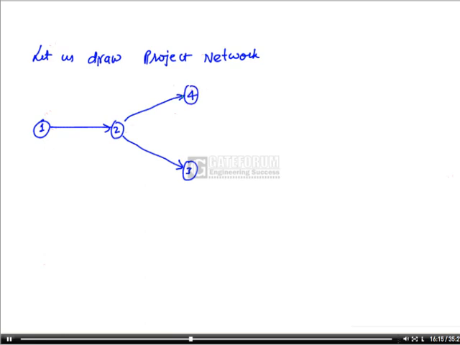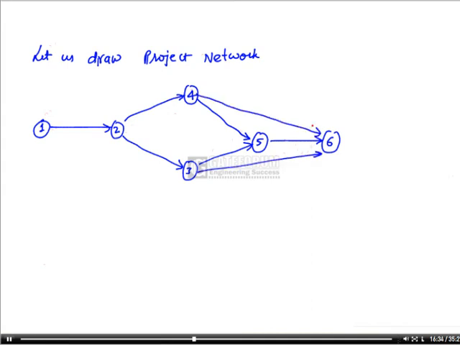After this, 3 to 5 and 4 to 5, and then 5 to 6. It is also written 3 to 6, and 4 to 6.